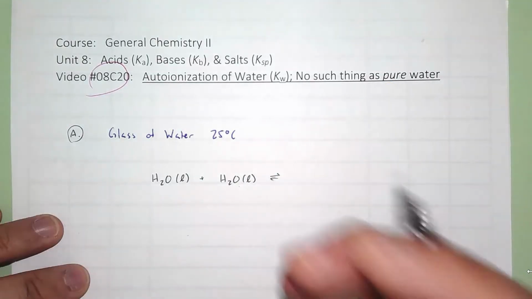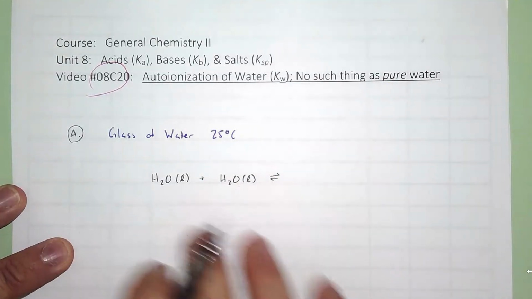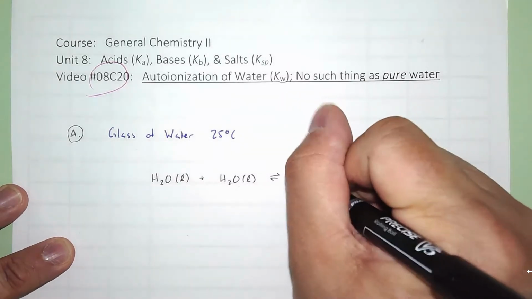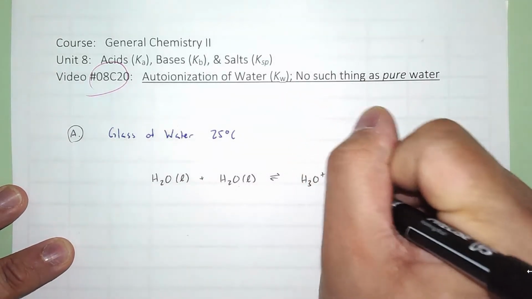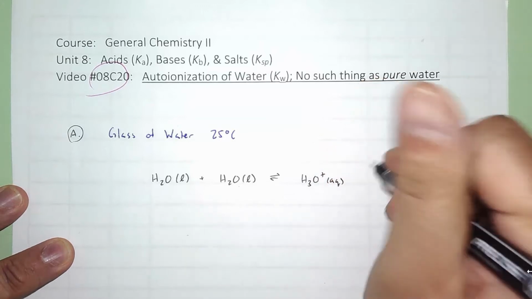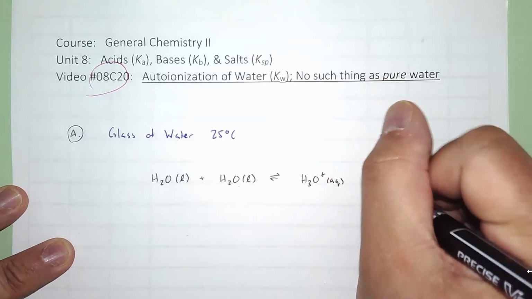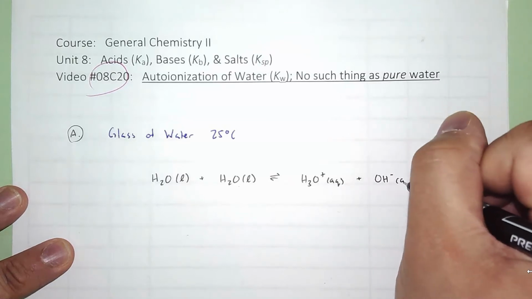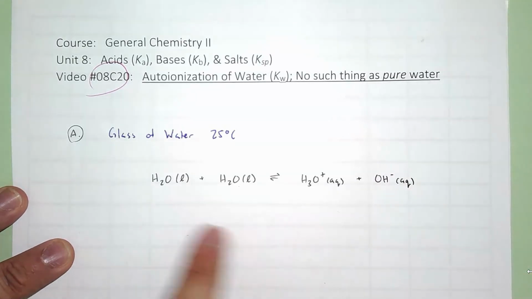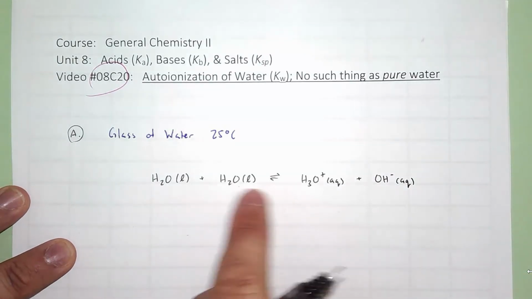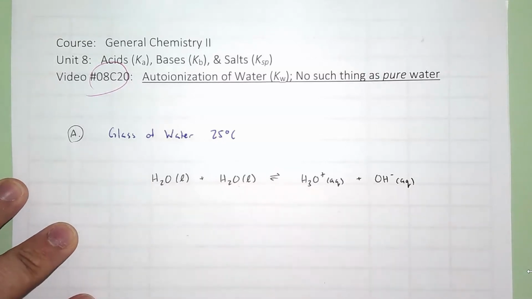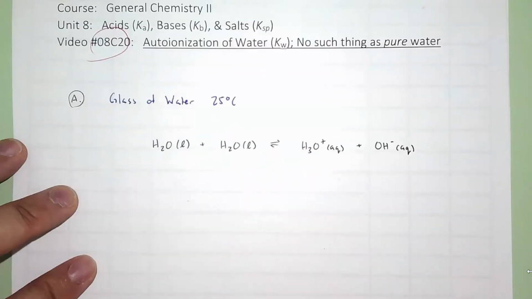It ionizes each other such that one molecule acts as an acid and one molecule acts as the base. And I think we all can predict what happens. Acids donate protons, bases accept protons. So this water maybe accepted the proton from this, and we have, what is this again? The conjugate acid and the conjugate base.